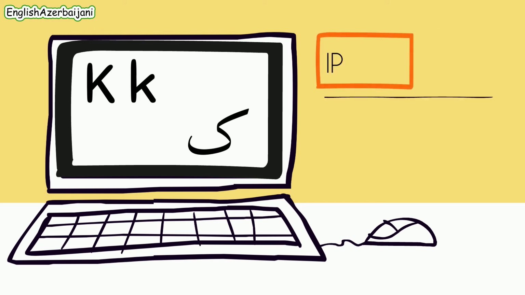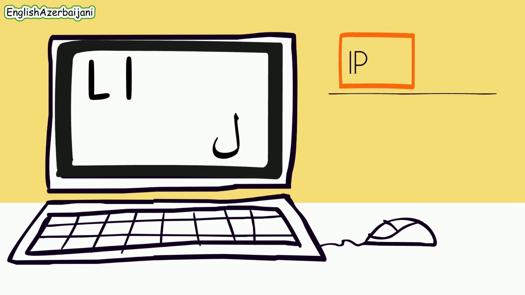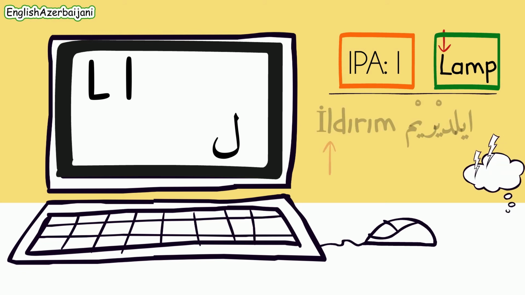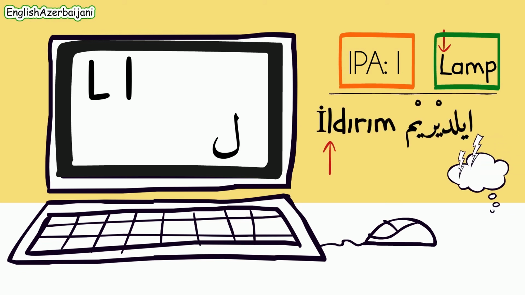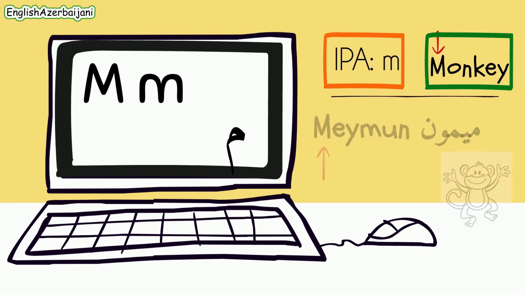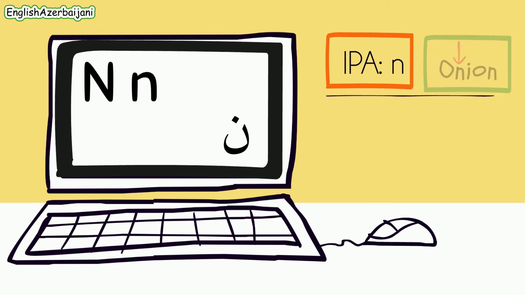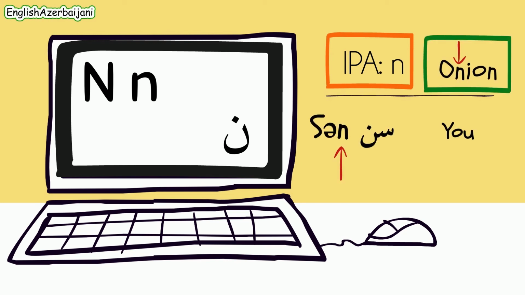K or Ç in some accents, like cutie, kirpi. L, like lamp, ıldırım. M, monkey, maymun. N, onion. Sen, which means you.